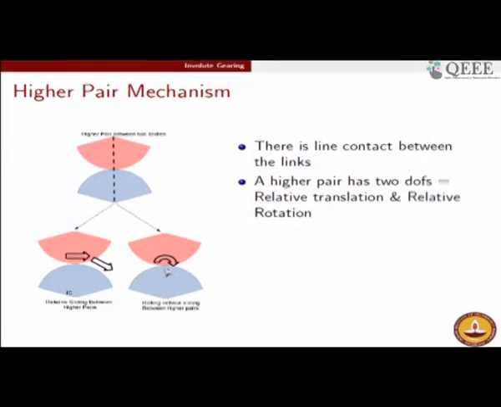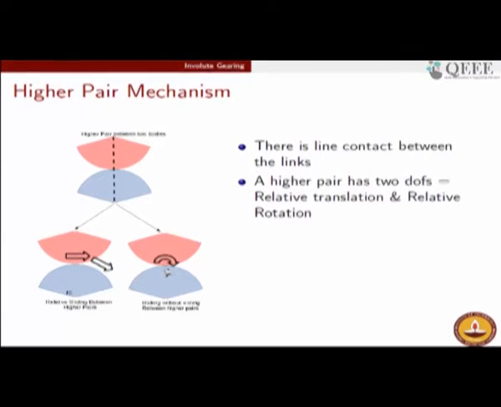So, these two motions are completely distinct, and therefore we get to infer that the higher pair mechanism is essentially a 2 degree of freedom system, the 2 degrees of freedom being relative translation as well as relative rotation. Please note that the lower pair mechanisms that possibly you have studied, the revolute joint and the prismatic pair, are all 1 degree of freedom; they allow only 1 degree of freedom.